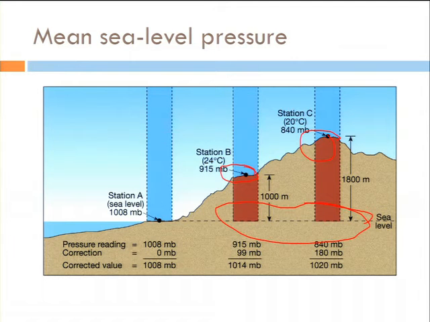So we essentially estimate what the pressure would be if the station was actually at the same elevation as sea level. And that's an estimation, right? We have to make certain assumptions in order to do that. So the pressure is actually fictitious. It's not real. It's something that we made up, but it's a representation of what the pressure should be at around sea level.